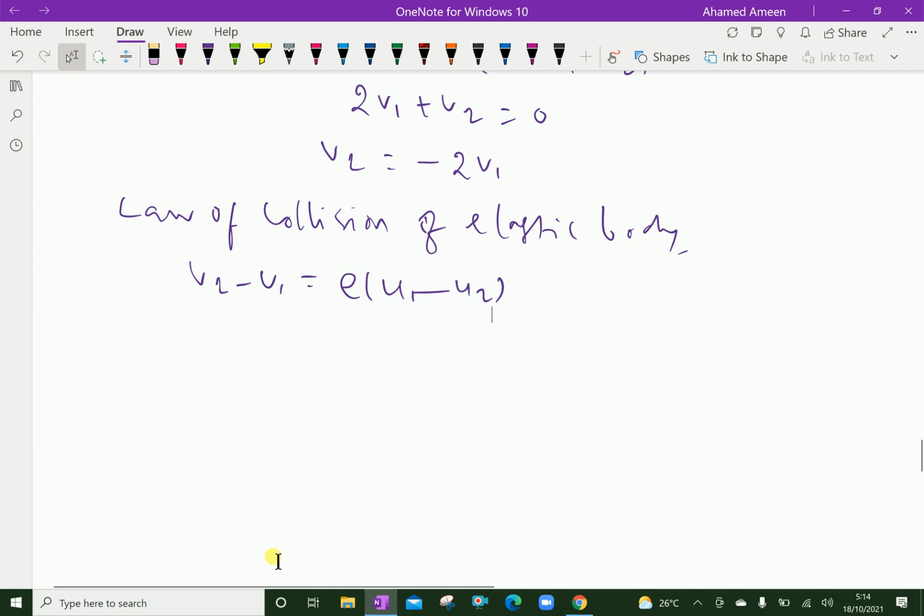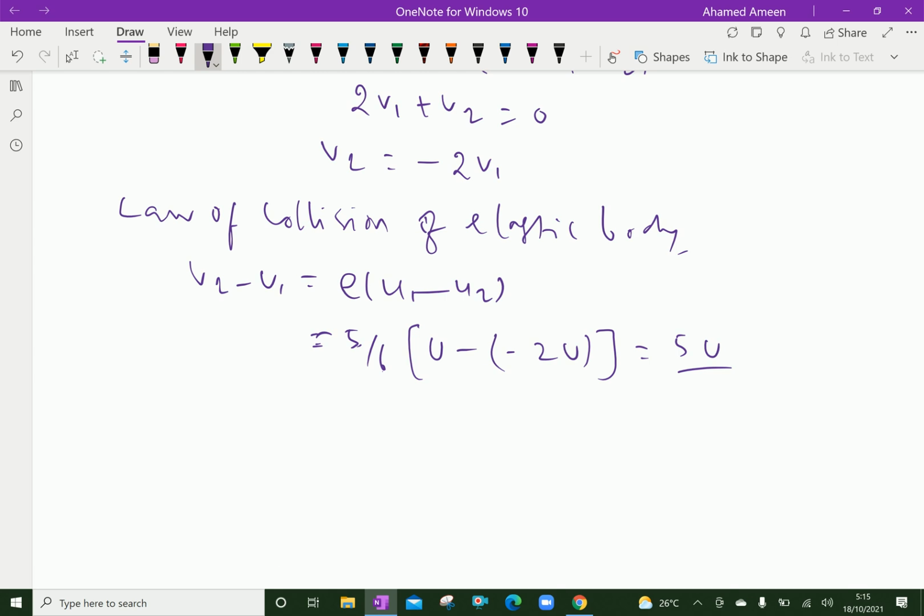E is 5 over 6, the coefficient of restitution. Applying u1 is u and u2 is minus 2u, this equals 5 over 6 times (u minus minus 2u), because u minus of minus 2u is plus 2u, totally 3u. 5 into 3 is 15 over 6, which is 5u by 2.